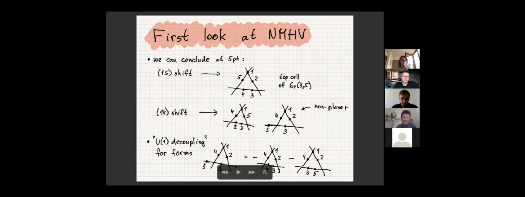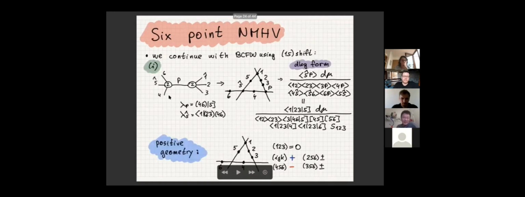But this is not possible in general. So at some simple examples, you can do it, but at some more complicated examples, it doesn't help you. Just doing this U1 decoupling for forms doesn't make the non-planar configuration planar. But here it works. Of course, here everything is very simple. Okay. Any questions here before we go farther?